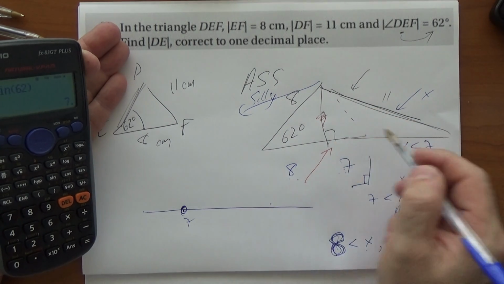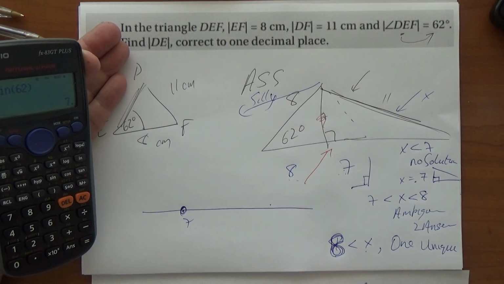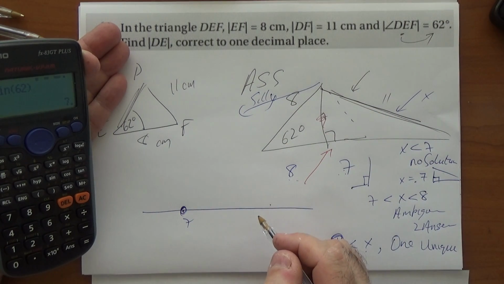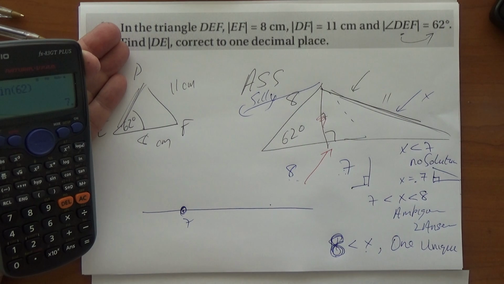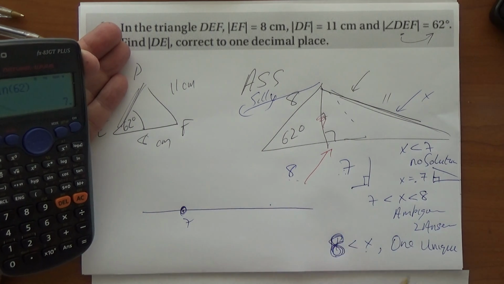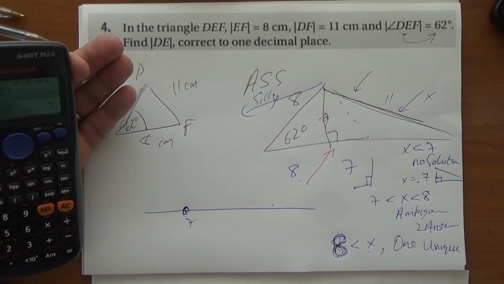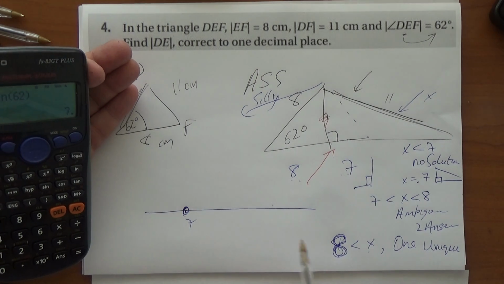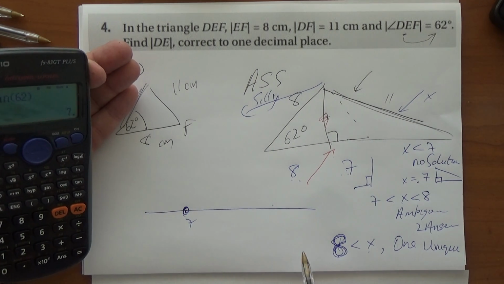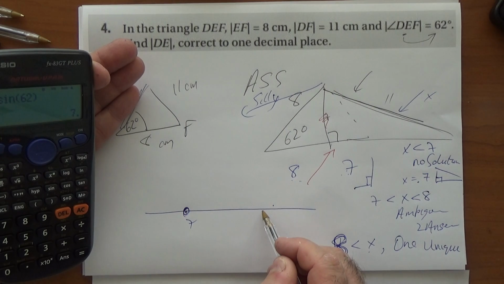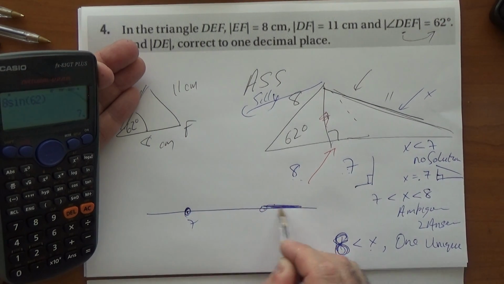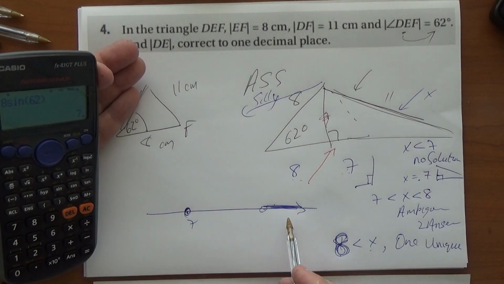Only one answer can go that way, because if it comes this way, it goes back on itself. I hope I haven't messed up the whole original question, but I've certainly said you have a unique answer if x is larger than 8. So basically, if you want a unique answer, you're talking about being 7 or being larger than 8.